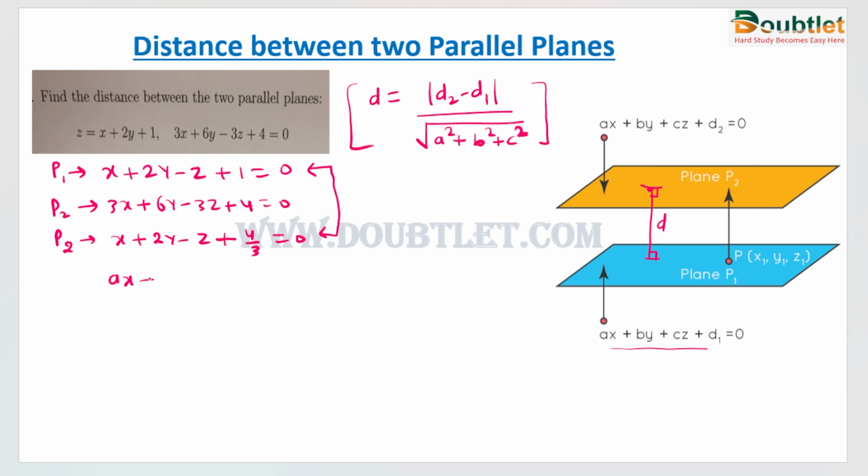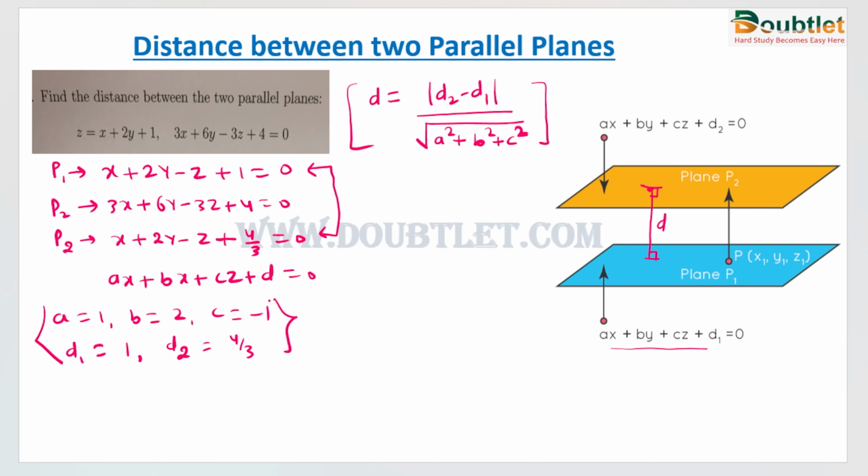Now we compare these equations with the general standard form of the plane ax + by + cz + d = 0. The value of a is 1, b is 2, c is -1, d1 is 1, and d2 is 4/3. To find the distance, we replace these values in the formula.